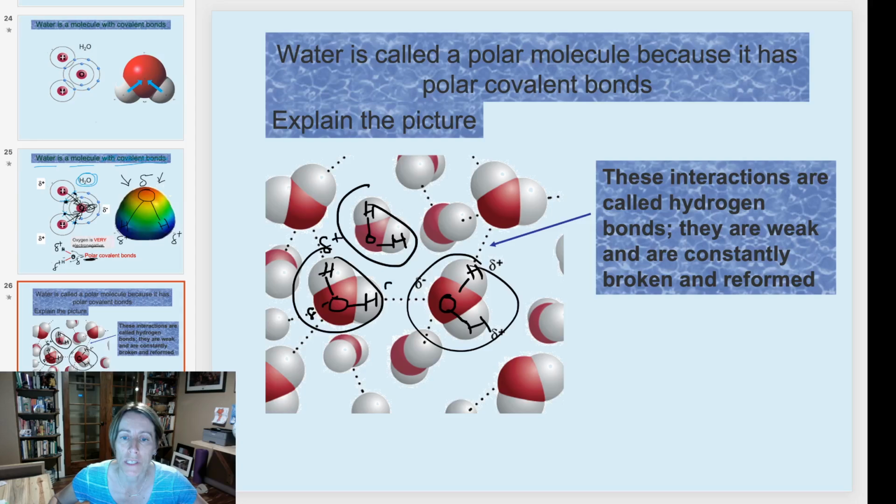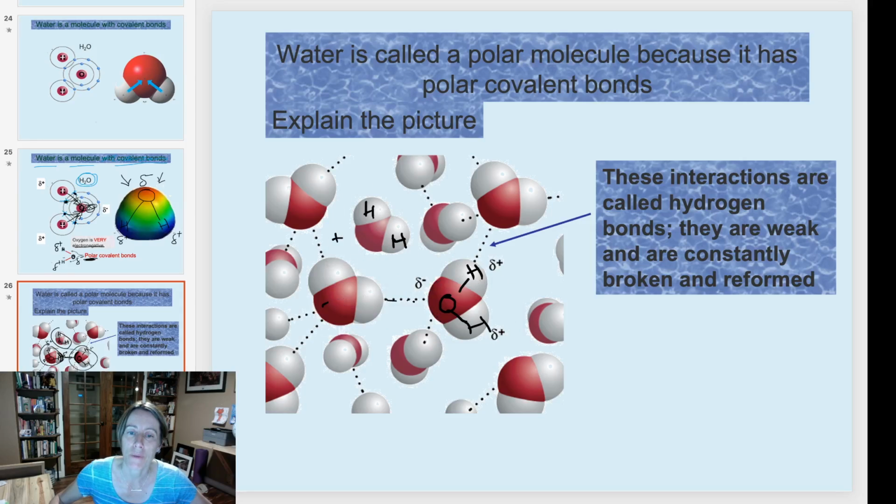And when you put them all close together like this, they're going to attract each other because opposites attract. The slightly positive hydrogen of this water molecule right here is going to be attracted to the slightly negative oxygen atom in this molecule. And that's what this dotted line is representing. It should be dotted, I just filled it in, but it's supposed to be dotted.